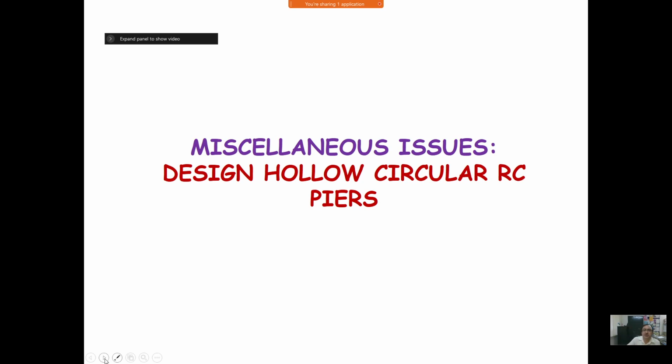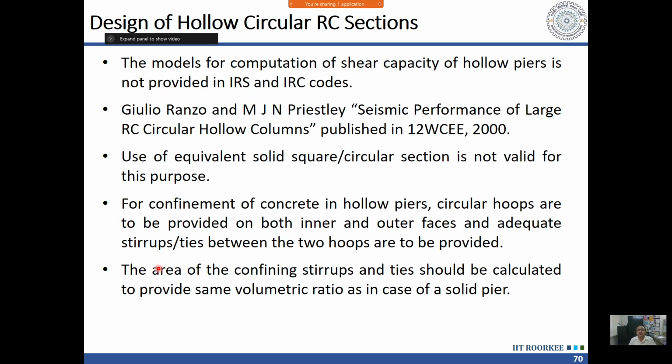So moment calculation is not that difficult, but how we should calculate the shear capacity of a hollow section, that is not very clear in the codes. And when we are designing for hollow shear, most of the times I have seen that the designers consider the equivalent solid square area and use that for the designing. That is not correct. That should not be used.